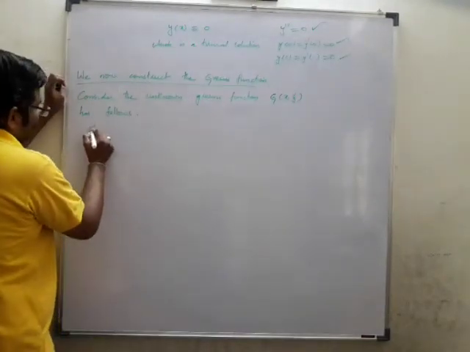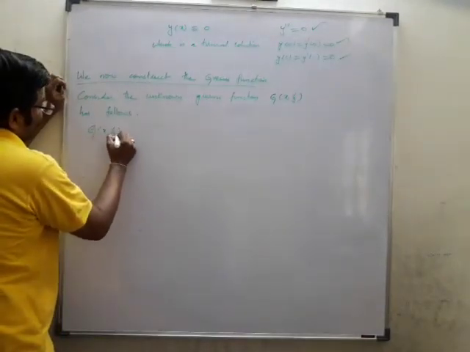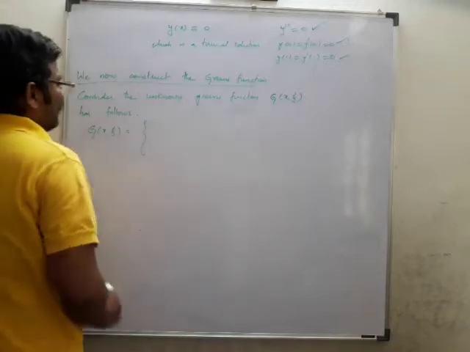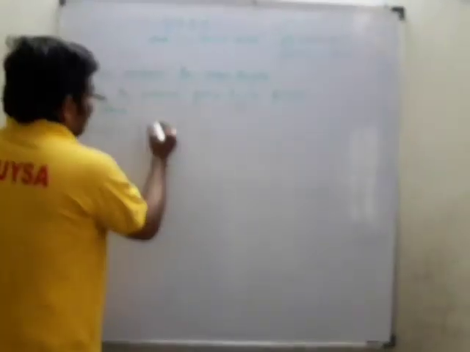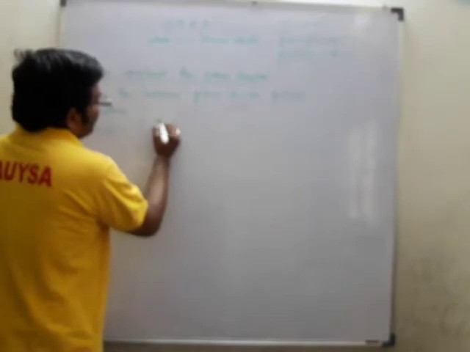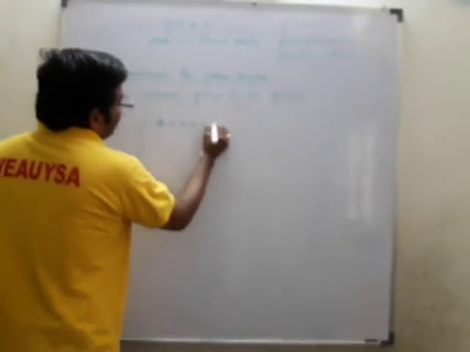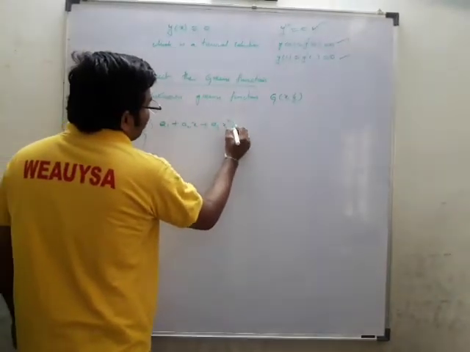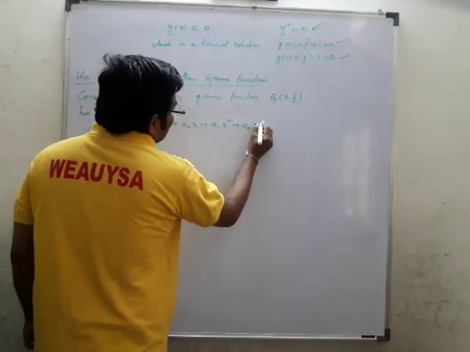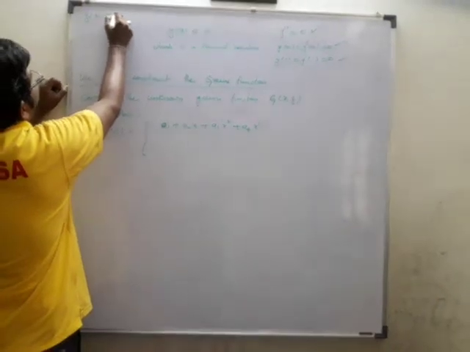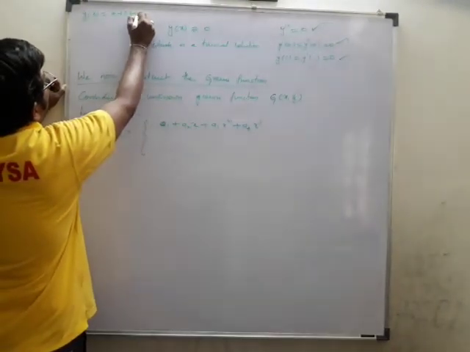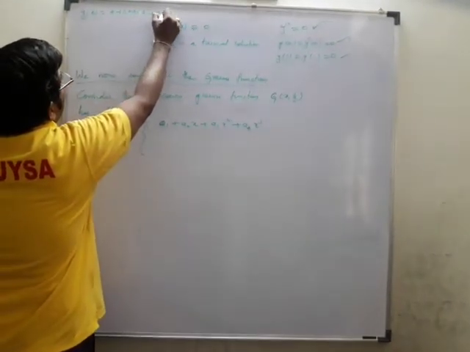G of x comma z is equal to, like this we'll take the two values: a1 plus a2x plus a3x square plus a4x cube. Now we got y of x as a plus bx plus cx square plus dx cube.